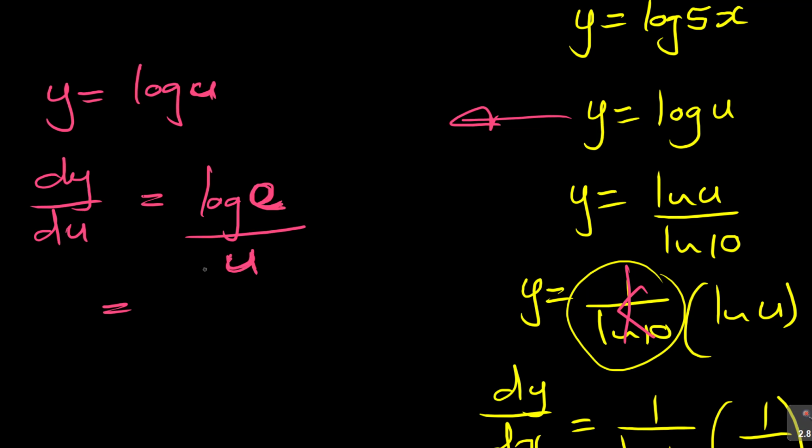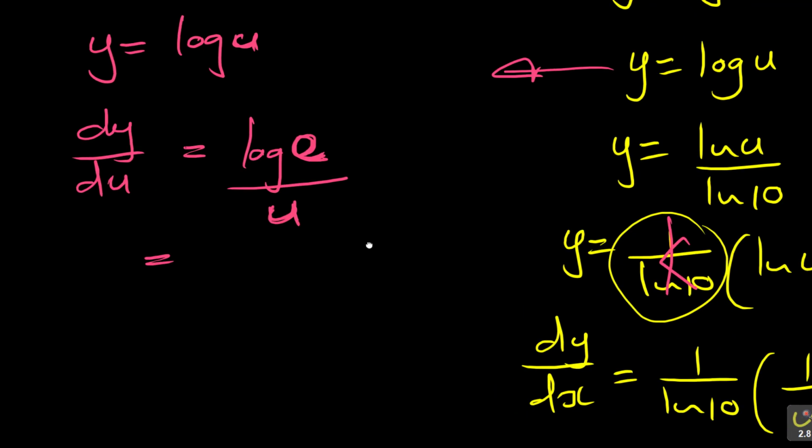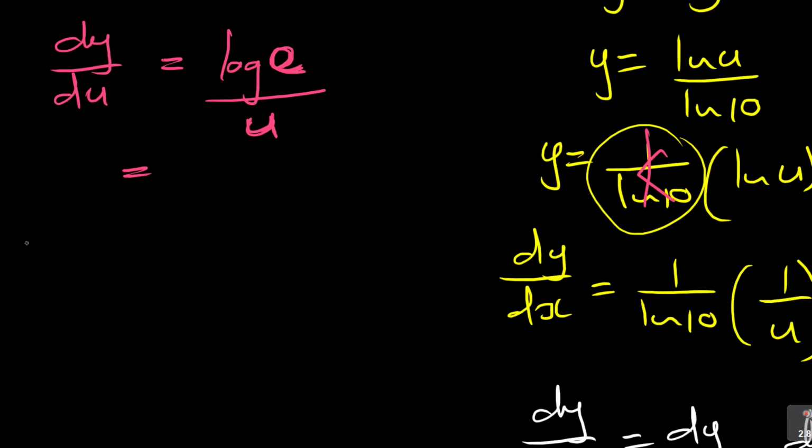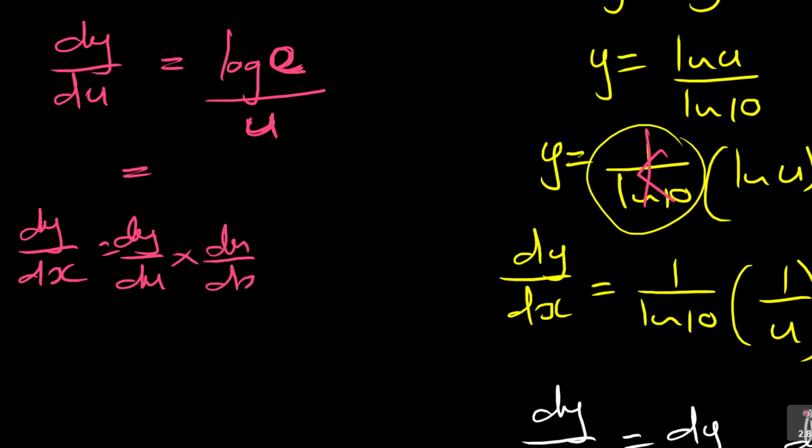So now if I use the chain rule here, dy over dx, what I will have, I'm just testing this, is dy over du times du over dx, which is dy over du, as we just did, log e over u, times du over dx, which is 5.